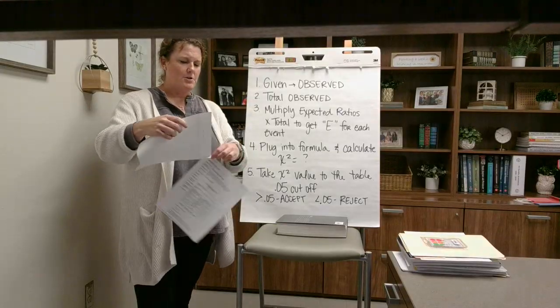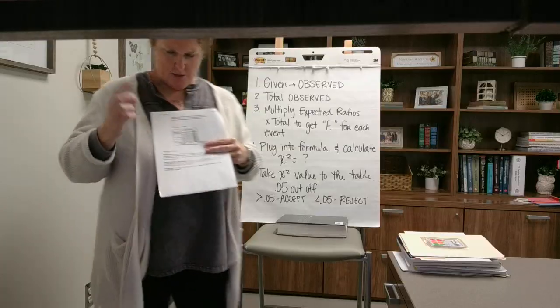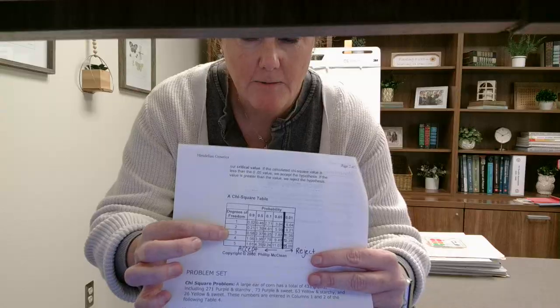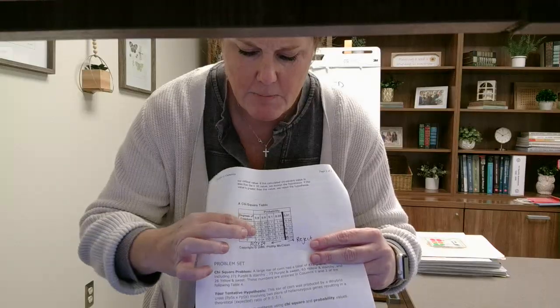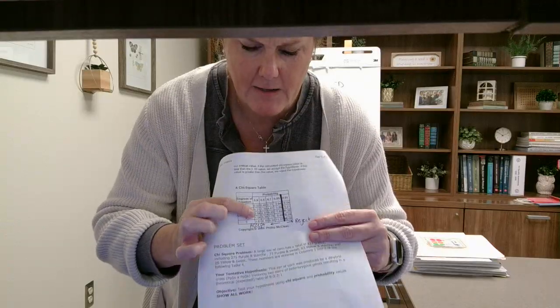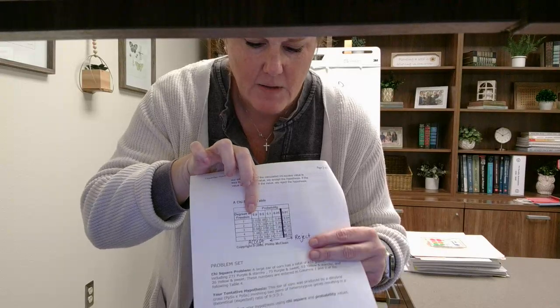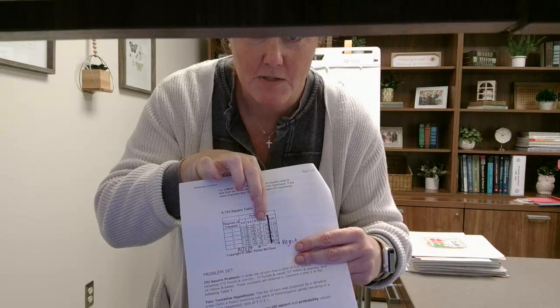And so my chi-square value was 0.47. I look up degrees of freedom 3, right here, and I try to find where 0.47 would fit on this table. And so it would be right here. There's my 0.58. Now, this up here represents 90%. That represents 50%, that represents 10%, and that represents 5%.